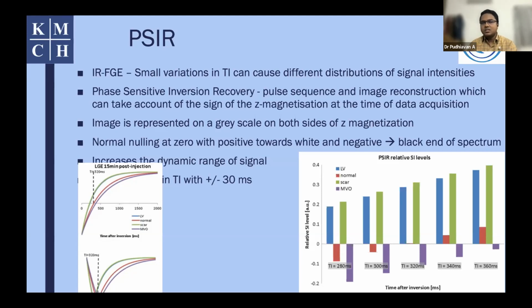So this is the advantage of using a PSIR sequence, that you have a leverage for TI time, and often you can even do away with doing a separate TI scout image when there is lack of time. You can just give the standard TI value for your scanner for the given amount of contrast agent, and you can still get good quality images with a PSIR sequence.